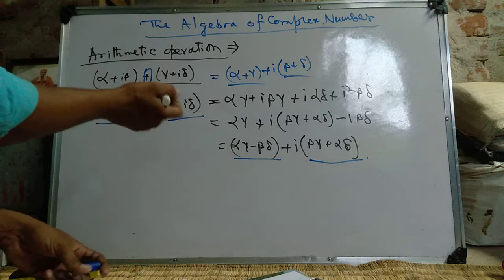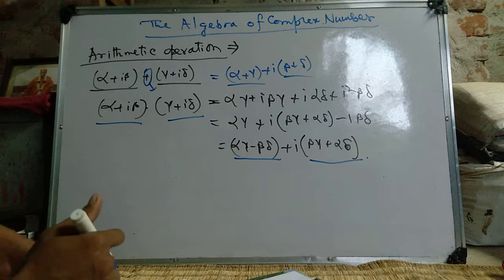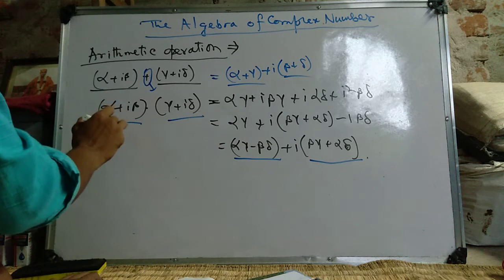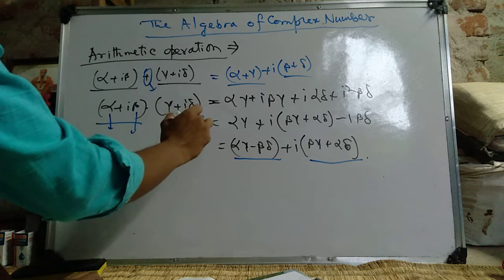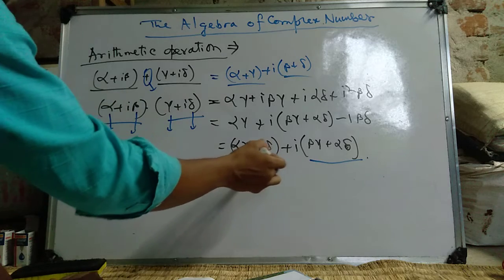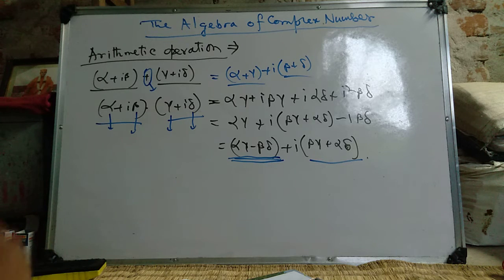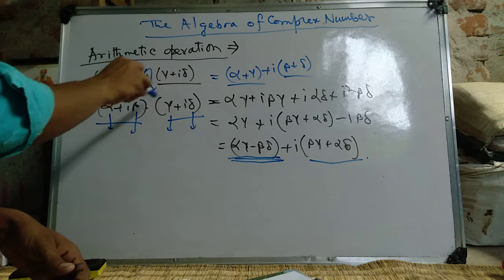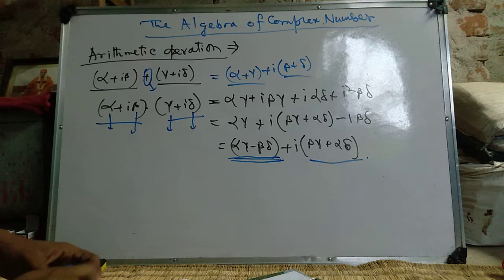If we write it as another complex number, it is done this way. This is the first part, this is the second part. In the real part, alpha gamma, the first part multiplied by the first part, that is real times real, and imaginary times imaginary, with a minus between them.